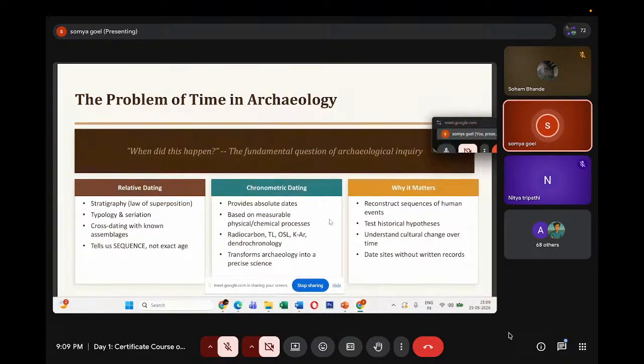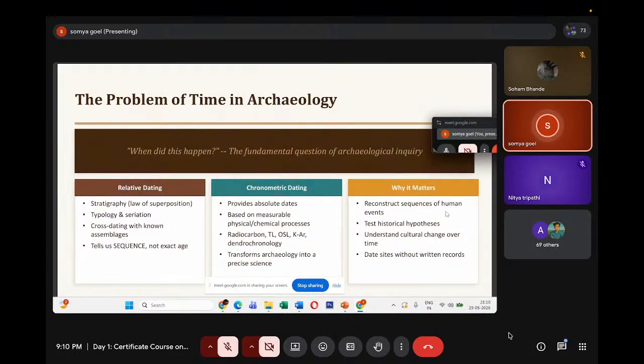Now, why does it all even matter? We need all of this to reconstruct the sequence of human events. We also need this to test historical hypotheses. Now, these hypotheses, while we are testing them, might come out to be true, but we need evidence to prove that. We need empirical evidence to test those hypotheses that we have historically or that scholars have put forward.